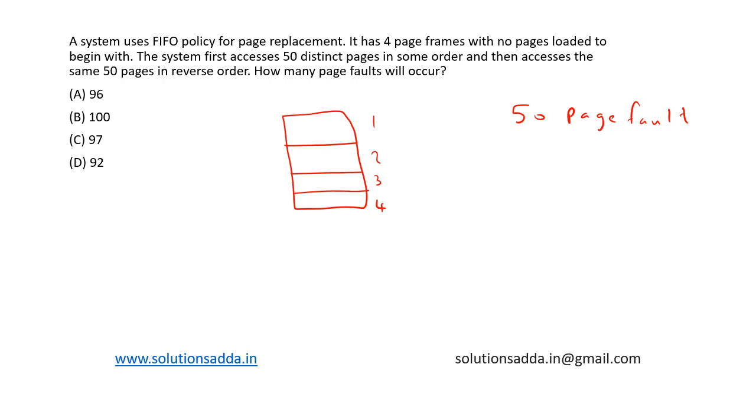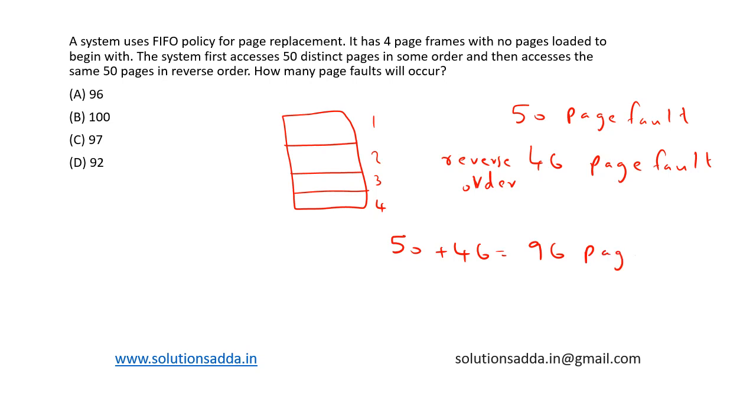So those 4 pages do not cause page faults, and the rest 46 pages cause page faults. So in the reverse order we have 46 page faults. So total 50 plus 46, we have 96 page faults. So the correct answer is option A, 96.